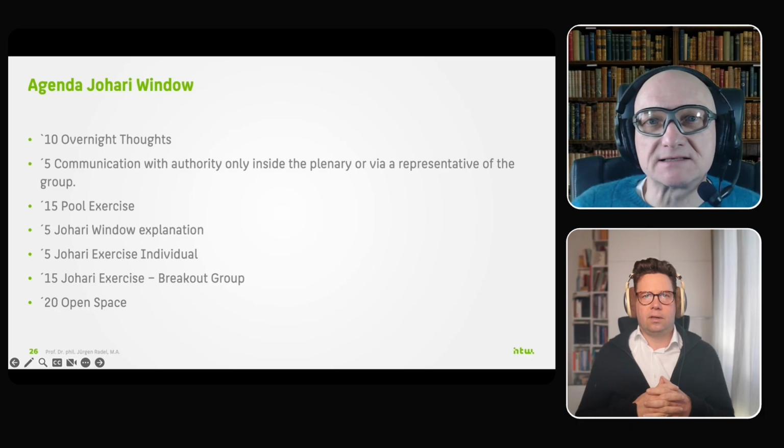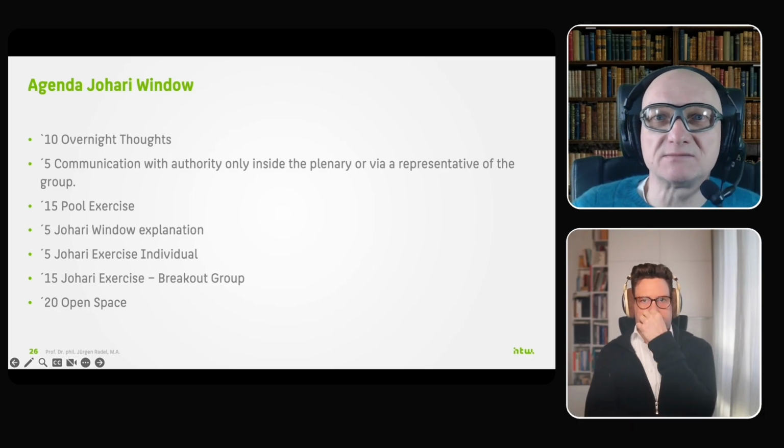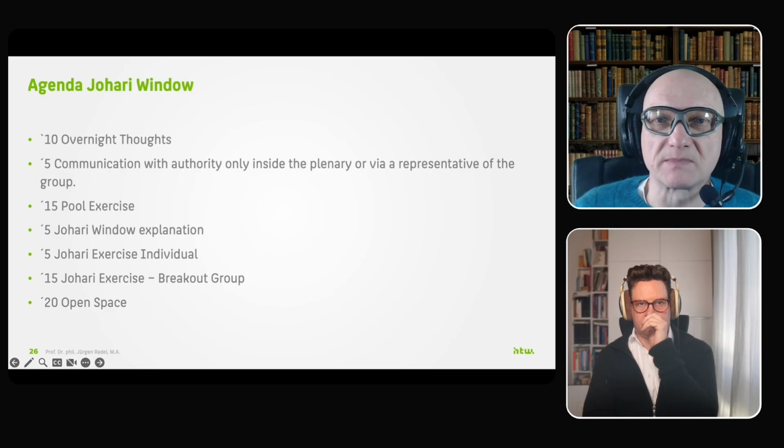But in our case, the whole thing is interesting because we want to make conscious how organization works.